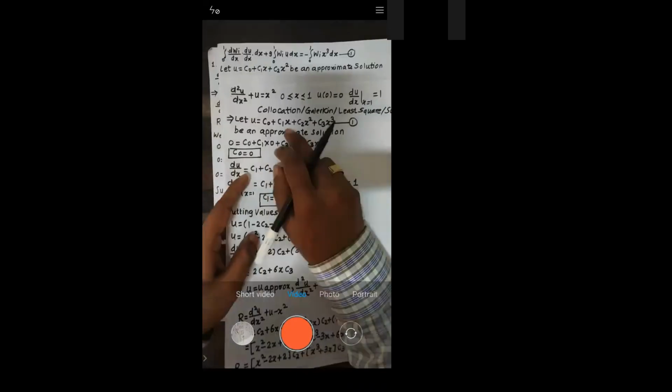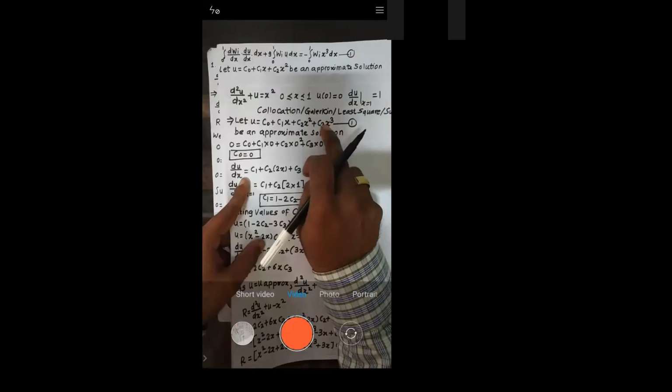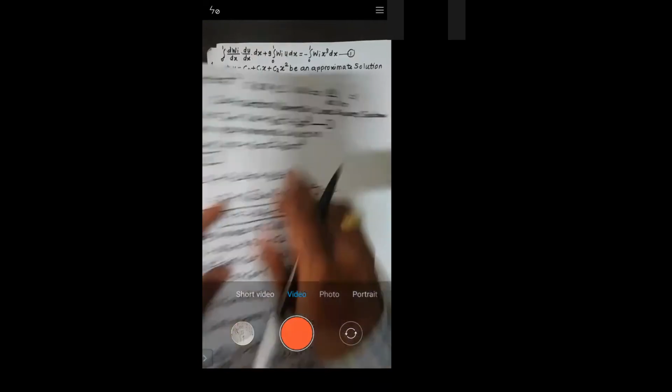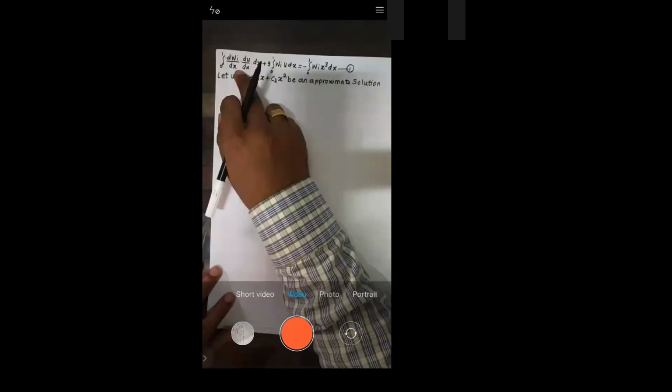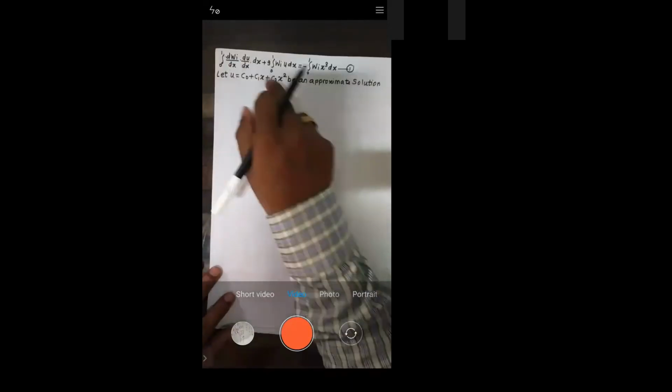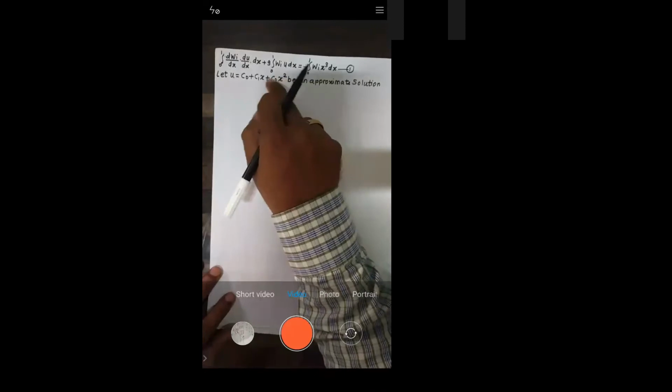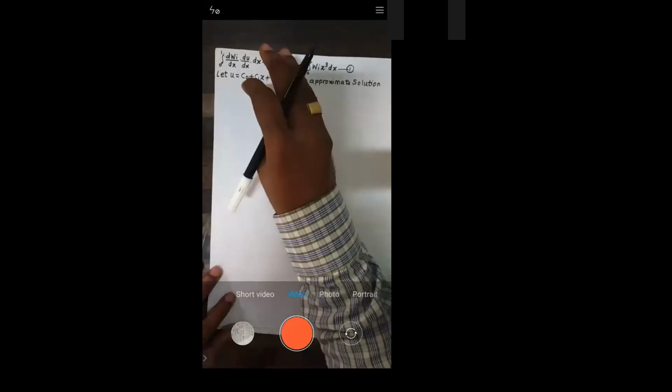Now the equation given in the problem we have made weak, reduced its degree to half. So I need to take only three constants. In the previous method there were four constants. Here there are three constants. Is it okay?